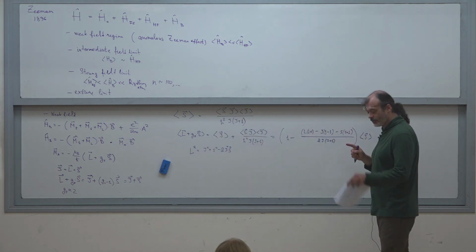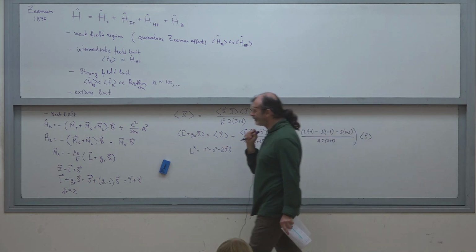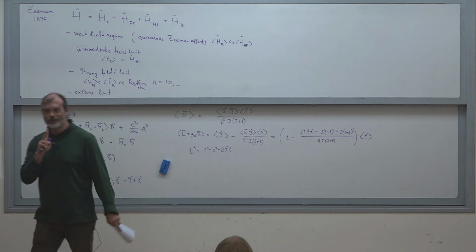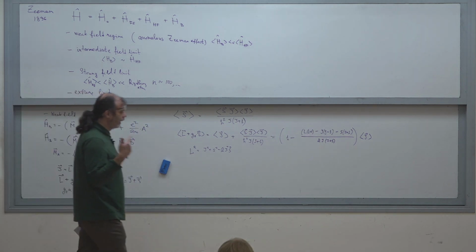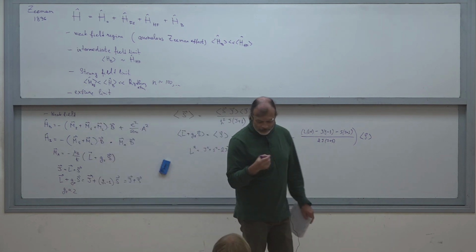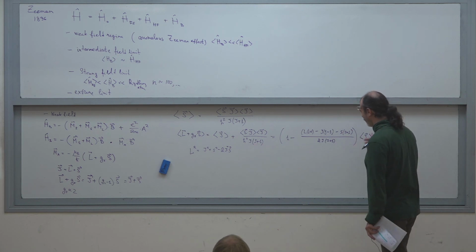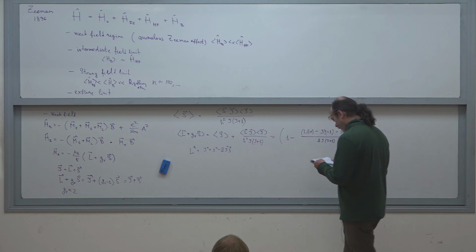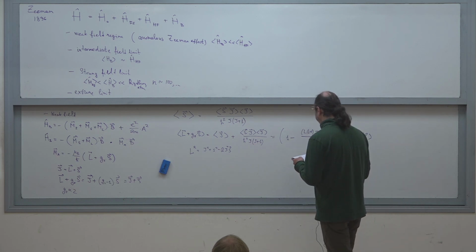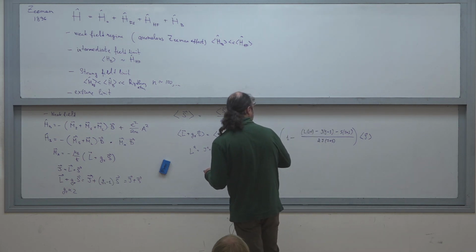But this is not the end of the story, because remember, we only considered 2 spins yet. So we considered only the angular momentum, and we considered the spin of the electron. So this is not the end of the story, so we have to continue it a little bit. But before I do that, I just want to say that this should be equal.